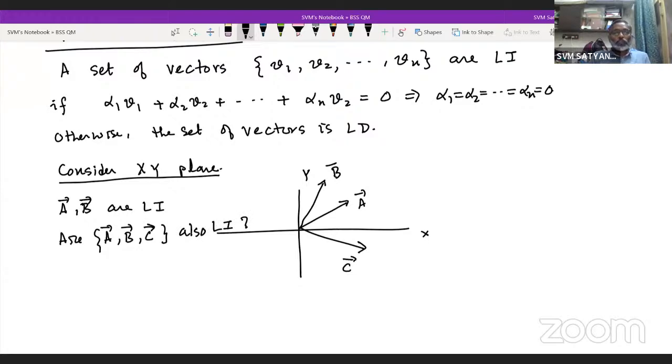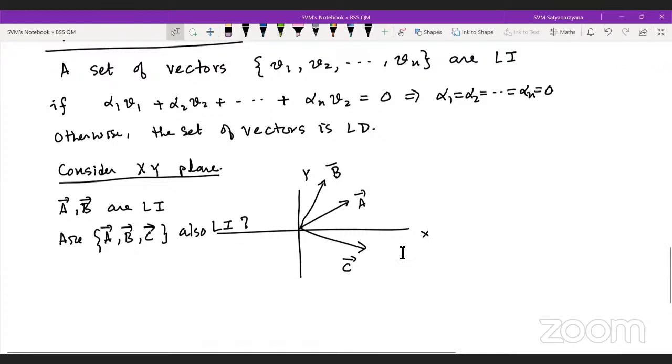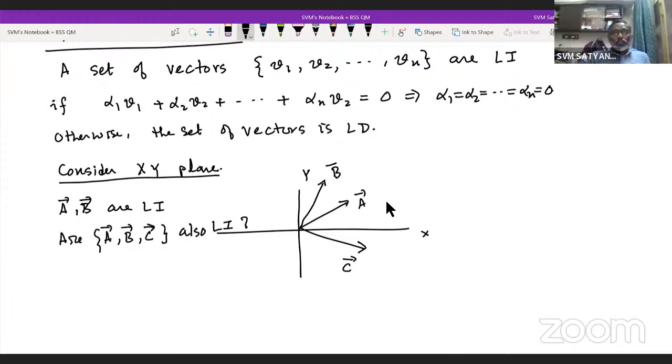So what do you think? If I have three vectors, no, sir, they are not linearly independent. Why? Because you can always obtain C from A and B, or B from A and C. Any two of them are linearly independent, right?